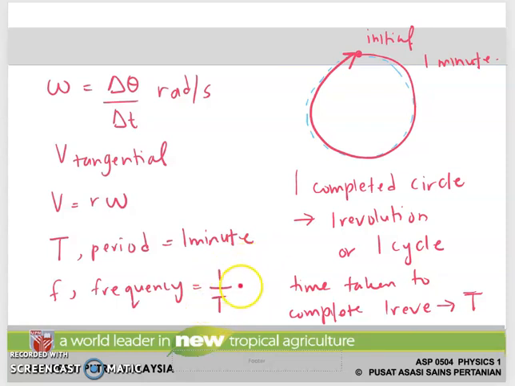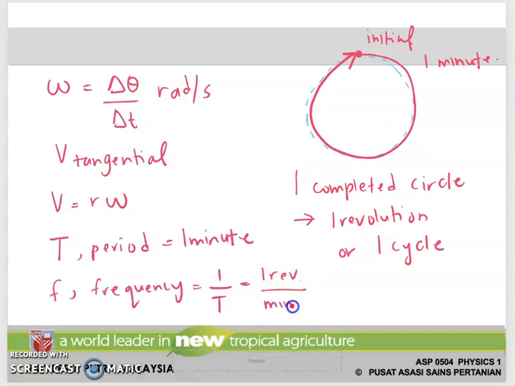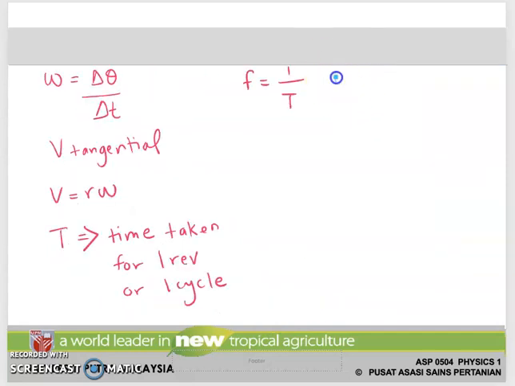So 1 revolution per minute is my frequency. Revolutions per minute, you can write as RPM, where R is revolution, M is minute, and P is per.